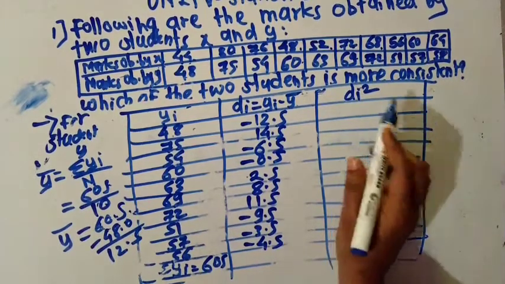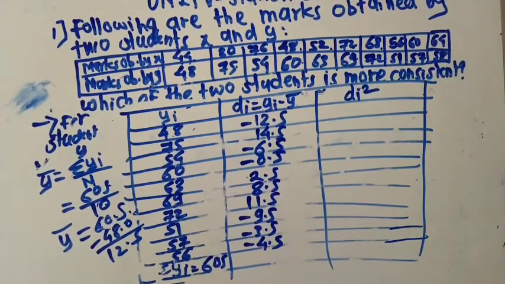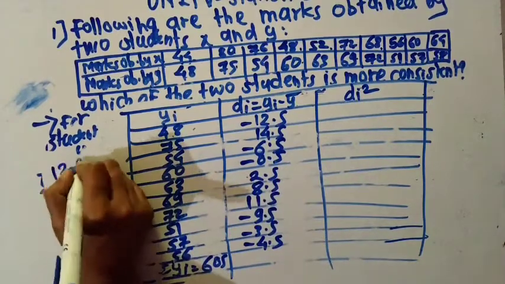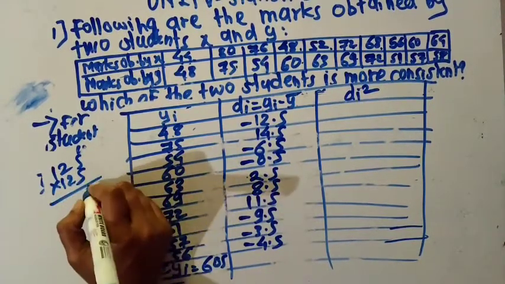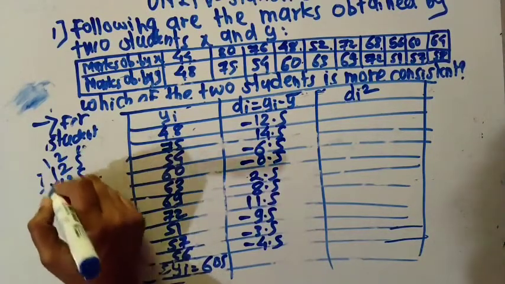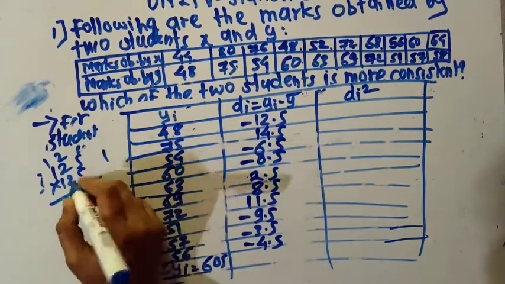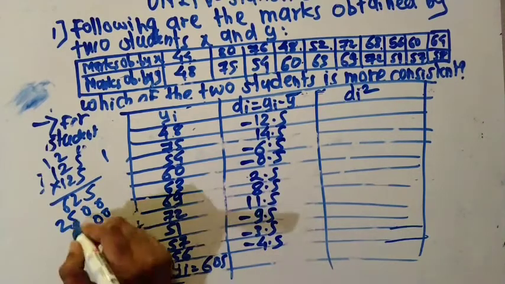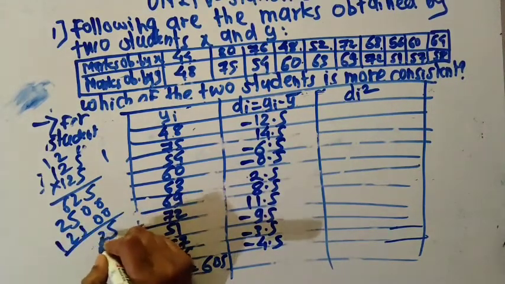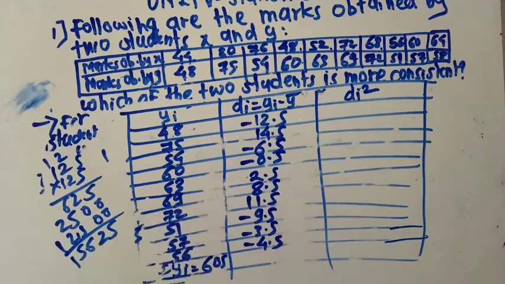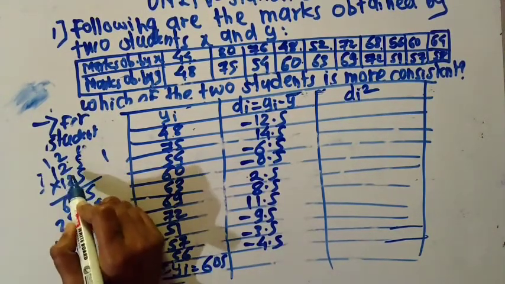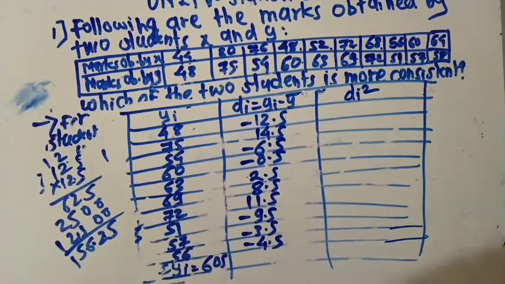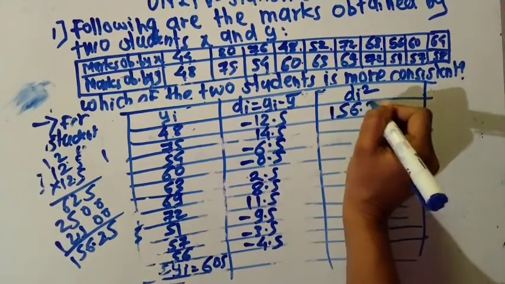Then find out di square. 12.5 square is 156.25.